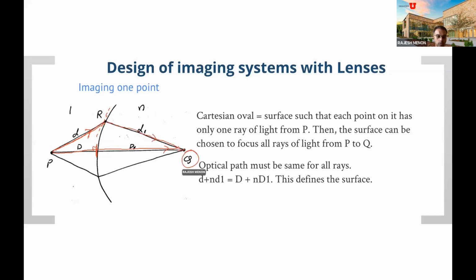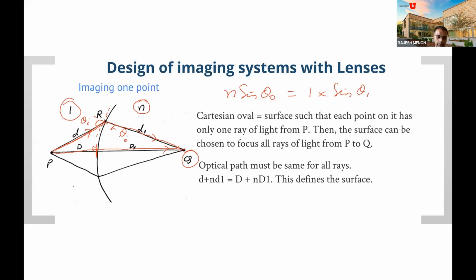Okay, that's my goal. But in order to do that, I know I need to satisfy the law of refraction. So I can define a normal here. I have some input angle, theta I, and I have an output angle, theta O. And then I know that n times sine theta O, where n is the refractive index of the material, should be 1 times sine theta I, where 1 is the refractive index of air outside, right?